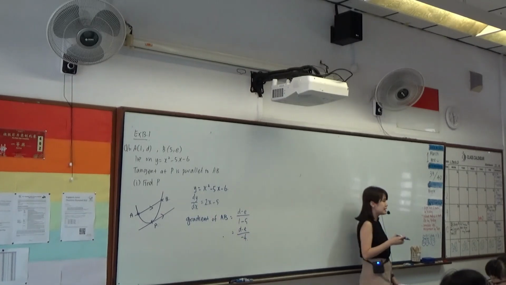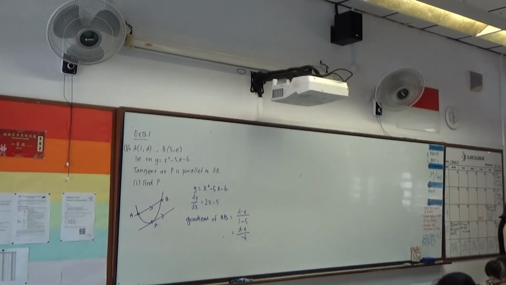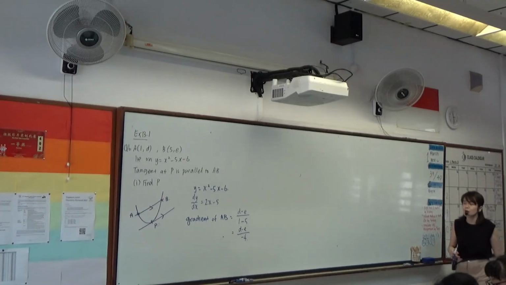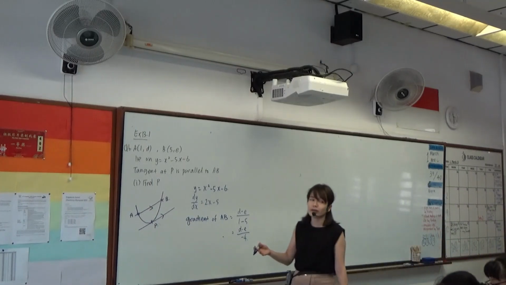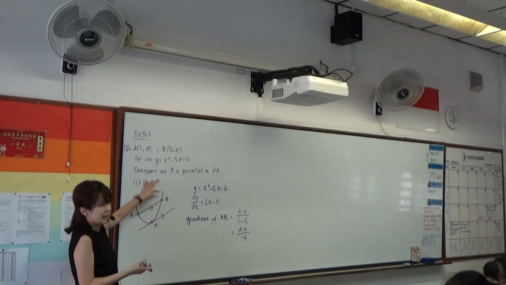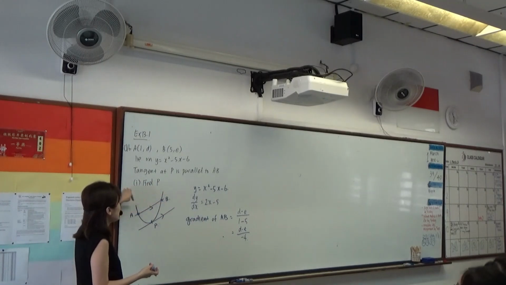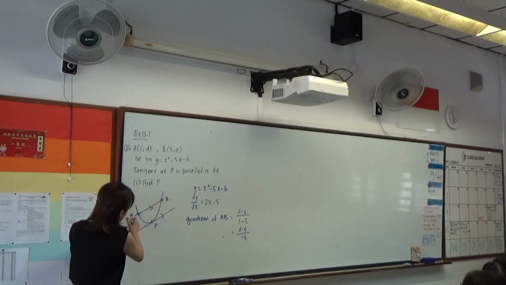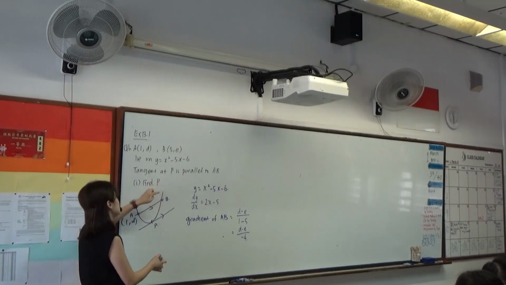But then we realize that d and e are not values, and it will cause a problem for us when we have too many unknowns. So how do we find out what d and e are? We know that A and B are on the curve, so therefore the point (1, d) will have to satisfy the equation of the curve.